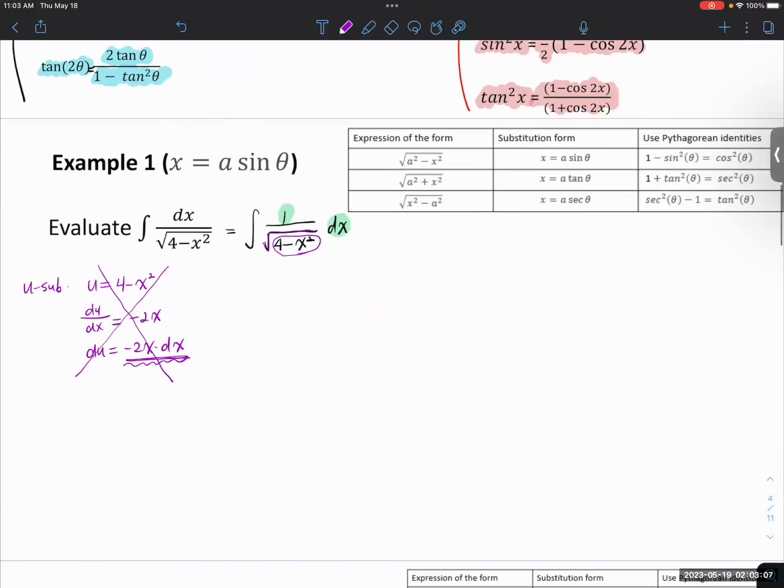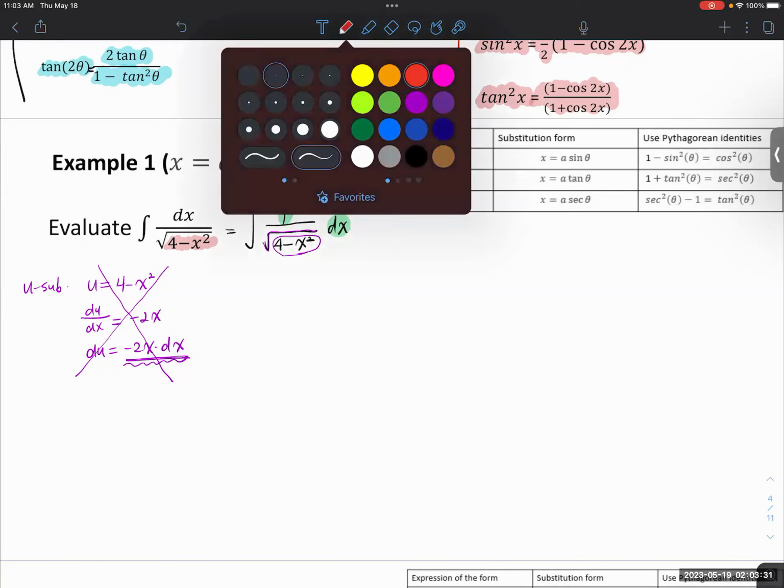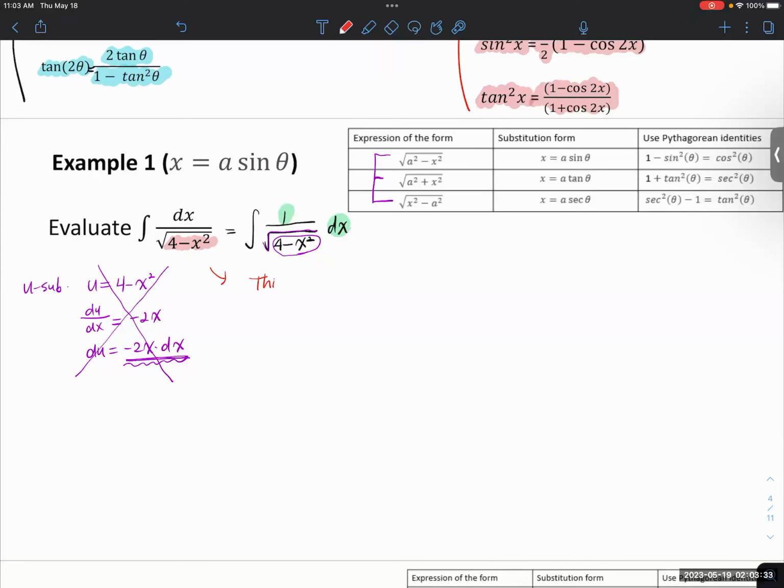So let's take a look at the form of your function. We have 4 minus x squared. Exactly, this is one of the forms that I showed you at the beginning, where a is a constant and x is the variable. The given function involves radical a squared minus x squared form.